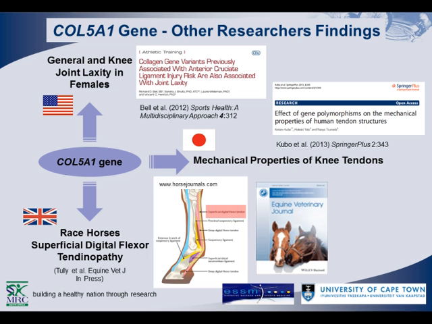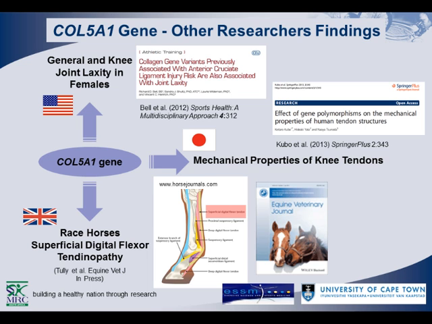Interestingly, other research has also shown that polymorphisms within this region are associated with superficial digital flexor tendinopathy injuries in race horses. They've also linked these polymorphisms with joint laxity and mechanical properties of tendons.